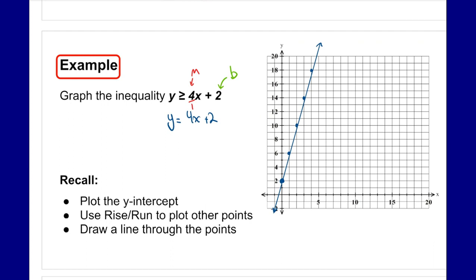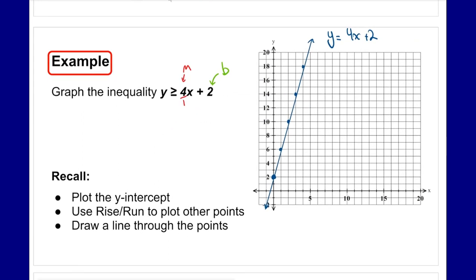Now, the only other thing that we need to do, this would be if we graph the line, that would be for this only. So we've graphed this line. In order to graph the inequality, we need to recognize what this symbol means.